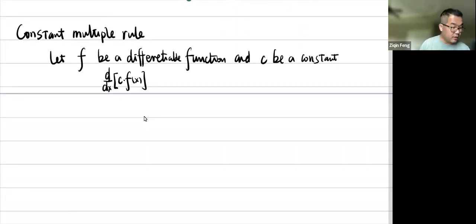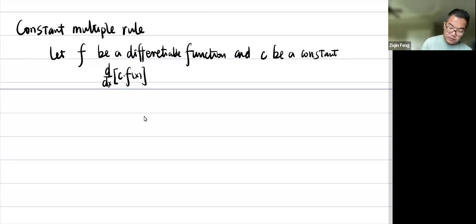Use our definition. You can also write it as c times f of x, prime. We can do that by our definition here.